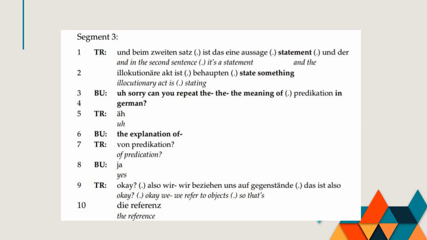The teacher's turn is in German, for example, in lines 1 and 2. However, in contrast, the student's turn uses English. The switch has a discourse-related function in that it lets the student indicate a halt to the current discussion and flag a problem with a term discussed previously. Next slide, please.